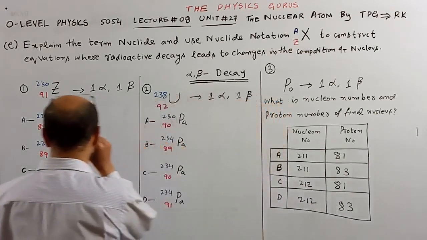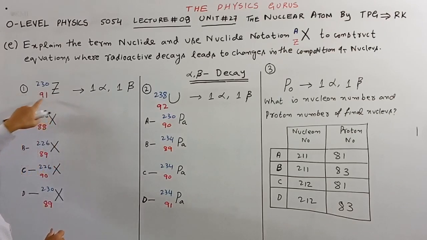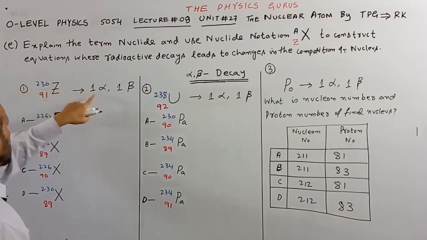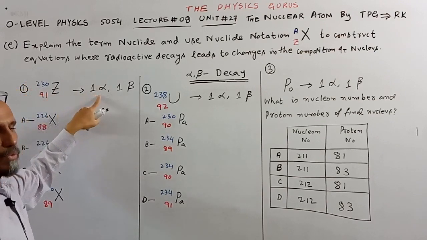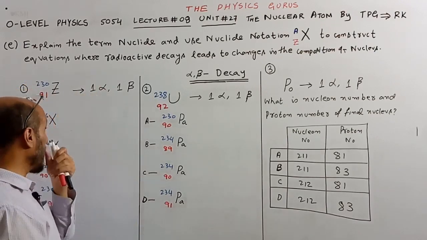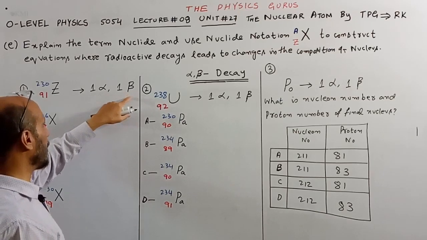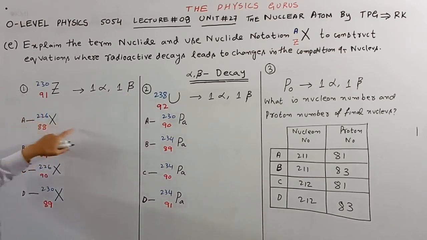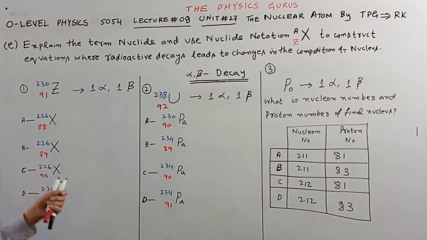Okay. An element with Z 91 and A 230 is given. It has emitted an alpha particle, converted into a new element, and then that new element has emitted a beta particle. So which option is the correct option? Option A, B, C or D? So we have to construct the equation for that.